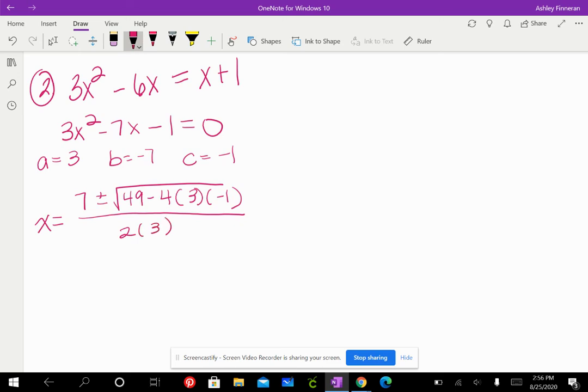So in this case, I have 49, and that ends up being 49 plus 12. So my discriminant ends up being 61. And there is not a perfect square that goes into 61, meaning there's nothing else I can do. I'm done. Those are my answers.